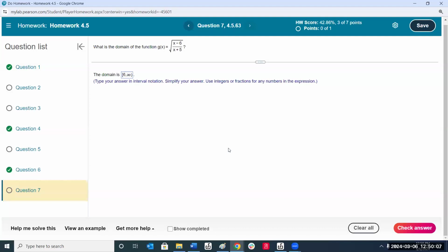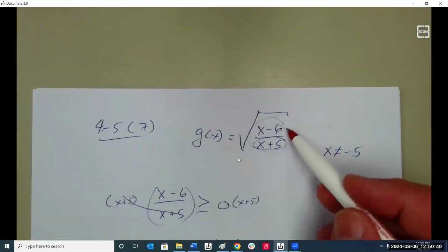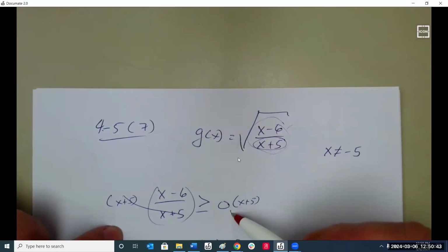What? Is 0. So the domain of the function is... because inside here, the smallest it could be is 0.